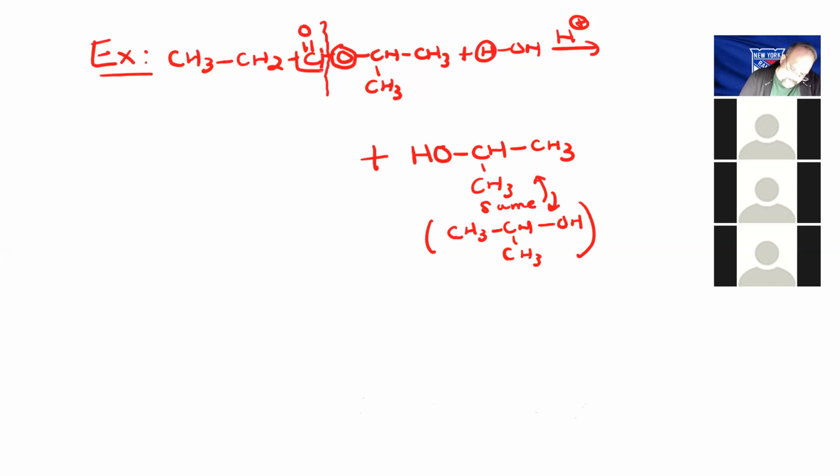The C double bond O carbon is going to pick up the OH from water. So for the carboxylic acid portion, everything stays the same until you get to the C double bond O carbon. And now the C double bond O carbon is going to be connected to what? OH. And of course, what is that?